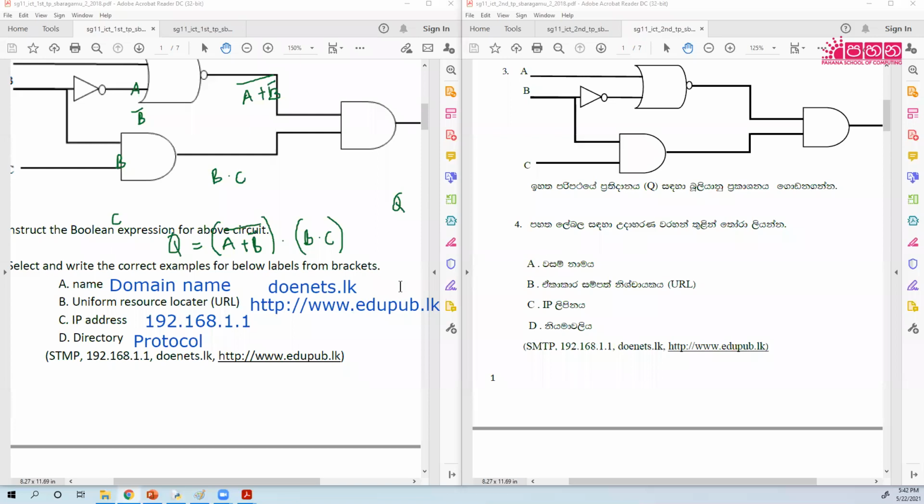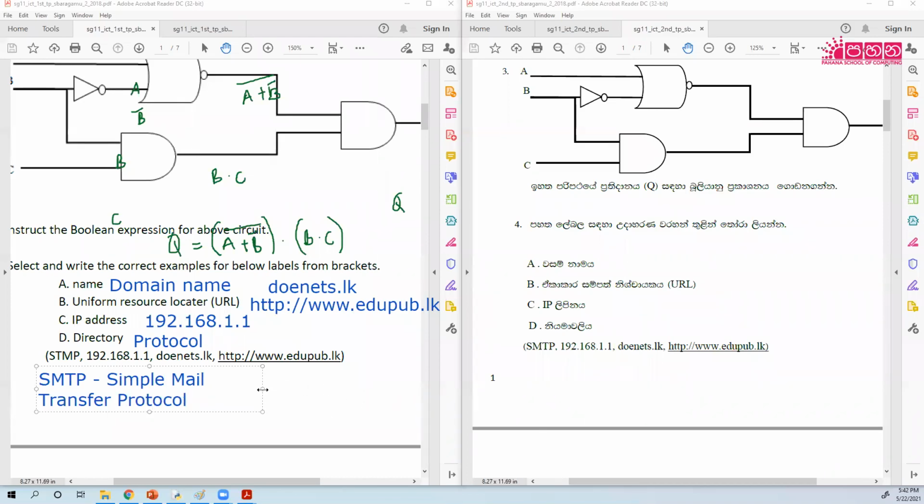So it could be SMTP. That's why, Simple Mail Transfer Protocol. So that's the error, that's why I also got confused. The English one has some problem. So this should be SMTP. SMTP stands for Simple Mail Transfer Protocol.